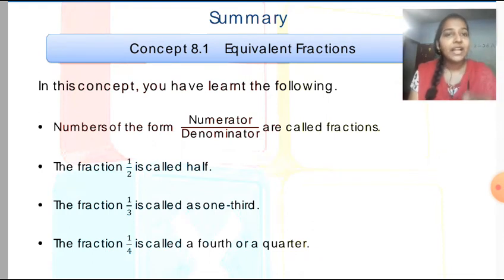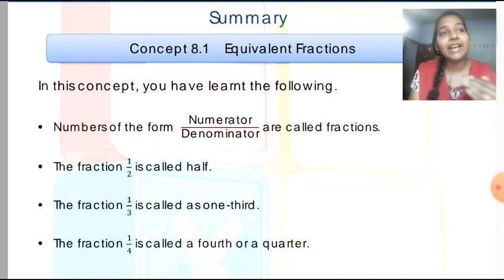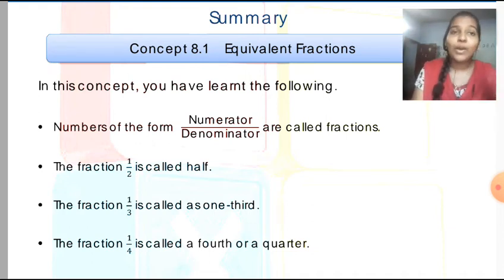For example, the fraction 1 by 2. Children, how can we read the number 1 by 2? It is half. That is 1 by 2 or 1 upon 2, or half. Now, how can we read 1 upon 3? That is 1 by 3 or 1 upon 3.